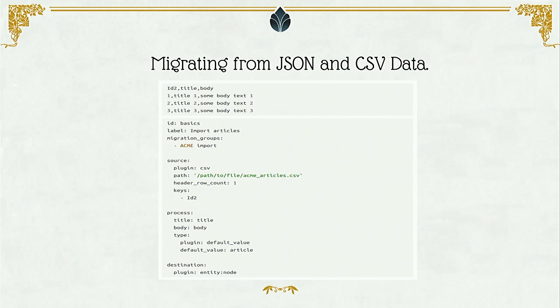And we can set the type, which is again a process plugin; I will come to that. Then the destination: I say I am going to create a node, an article. So from this CSV file, I'm going to create nodes. That's what these slides show. Any questions till now?